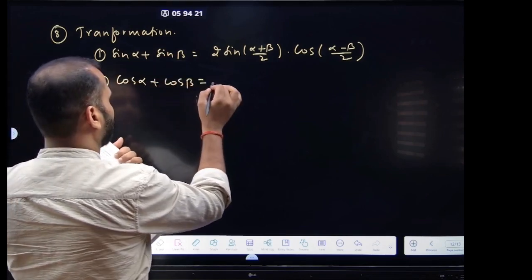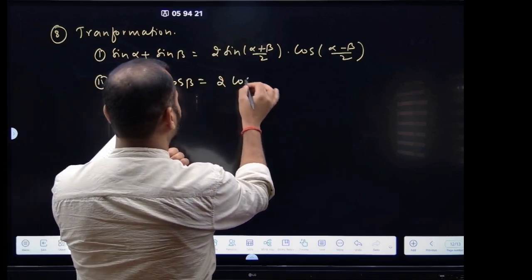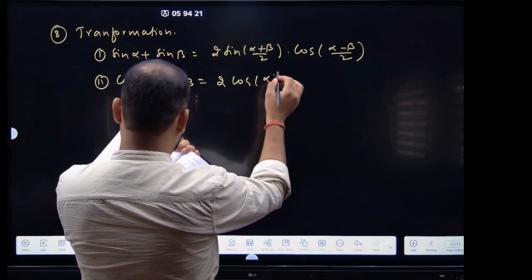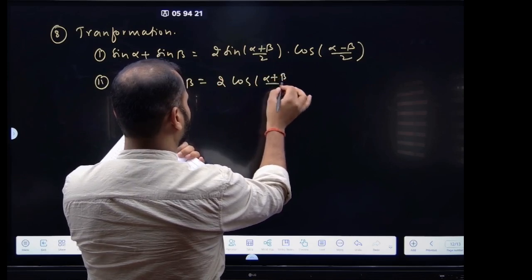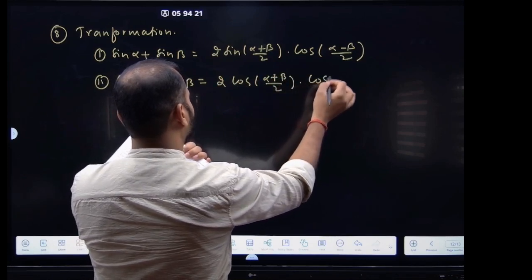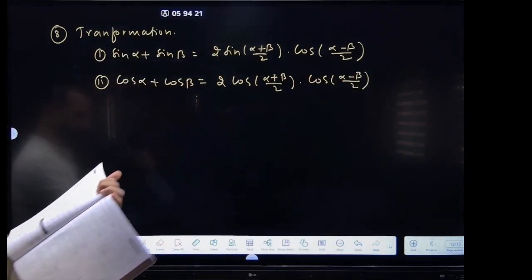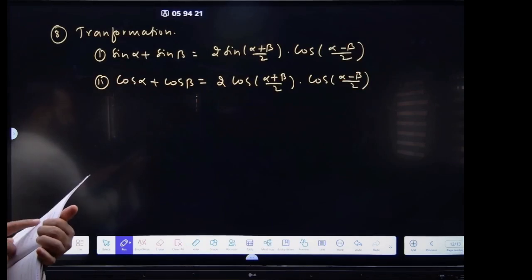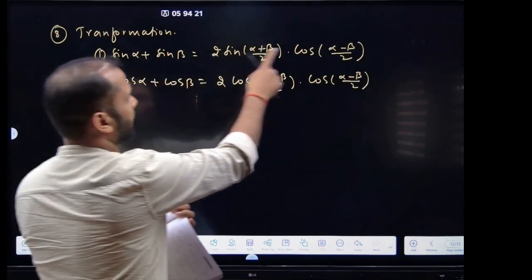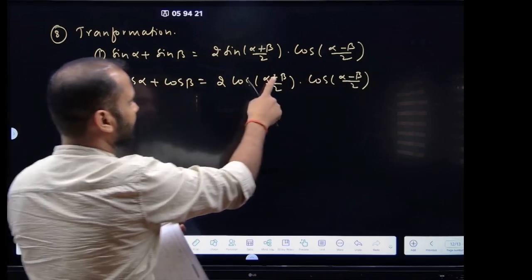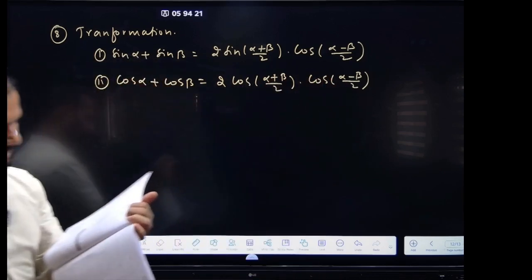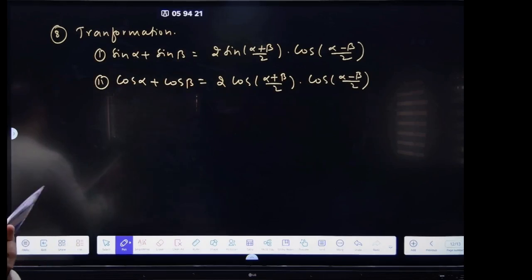What is the answer? 2 cos (alpha plus beta) by 2 into cos (alpha minus beta) by 2, right? Similarly, for the minus versions, here minus, here plus, correct? So, all 4 formulas you should know.